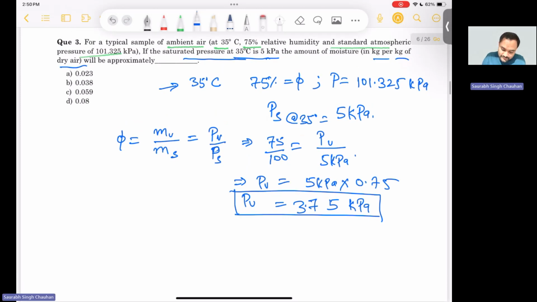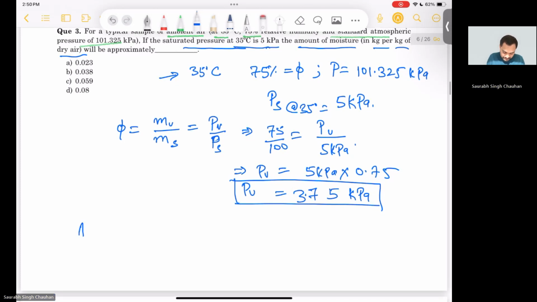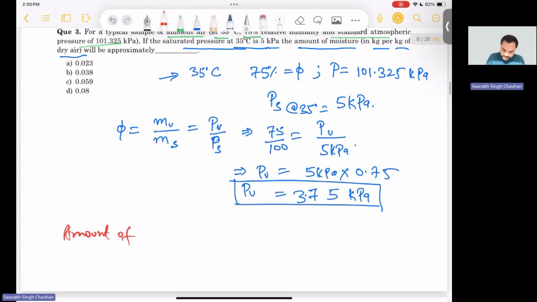What we have to find? We have to find the amount of moisture in kg per kg of dry air. Moisture is basically water vapor.